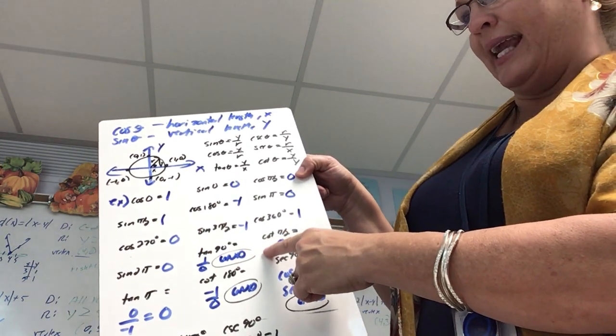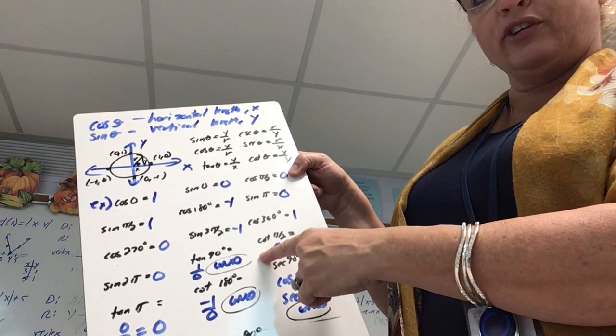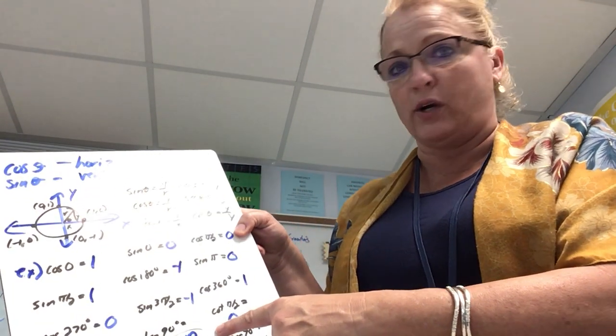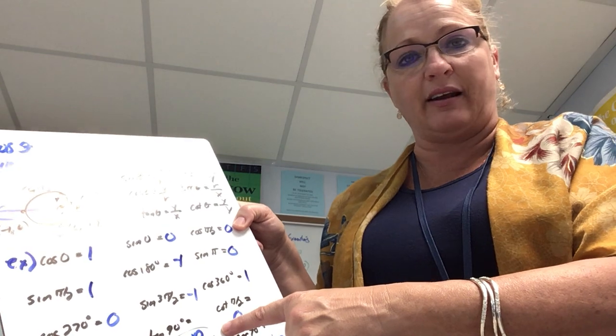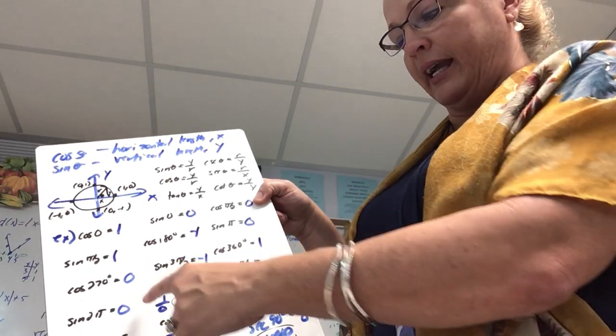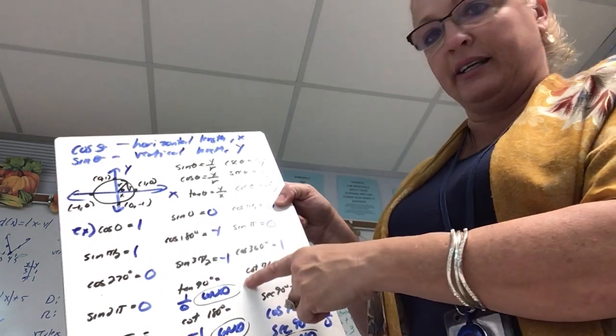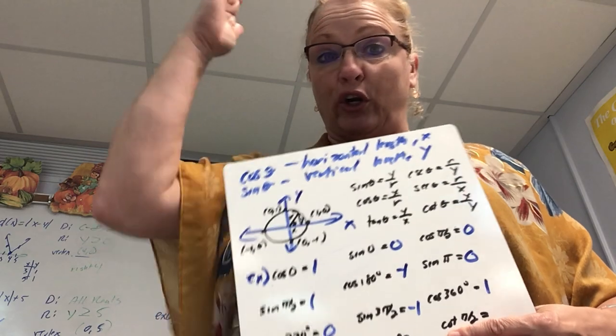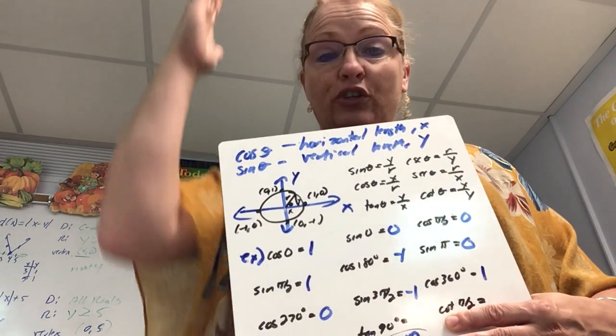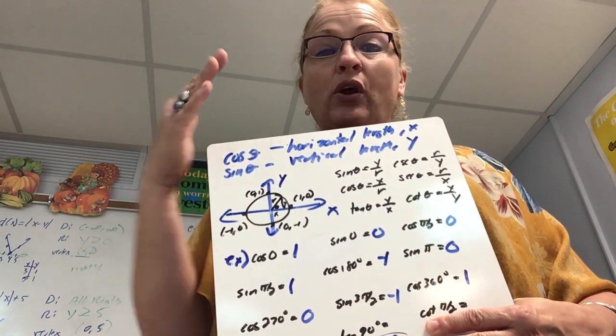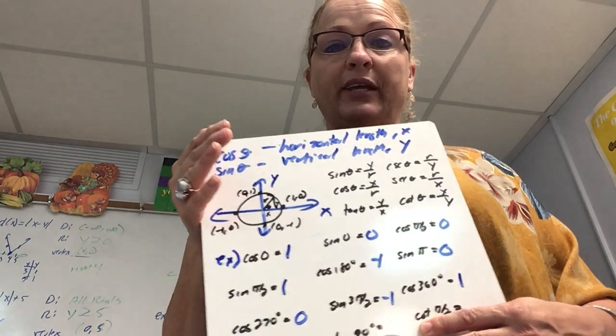Now, how about the tangent of 90? Well, we have to know, yes, it's opposite over adjacent, but at quadrantals, we don't have a triangle to set that up. So we have to know that it is sine over cosine. Sine over cosine would be 1 over 0, which is undefined. To understand, we've said that sine is the vertical distance of the length of a triangle inside the circle, and cosine is the horizontal, okay?